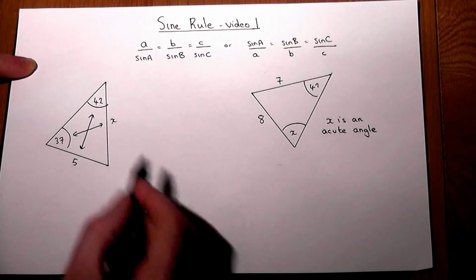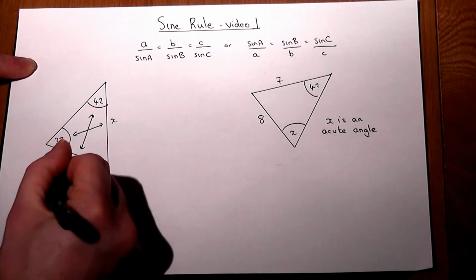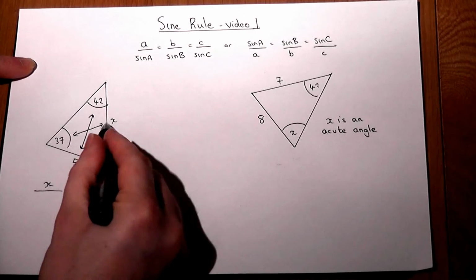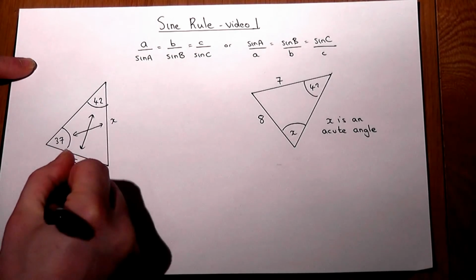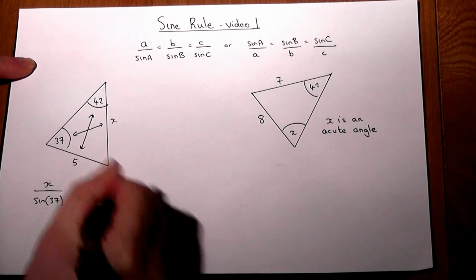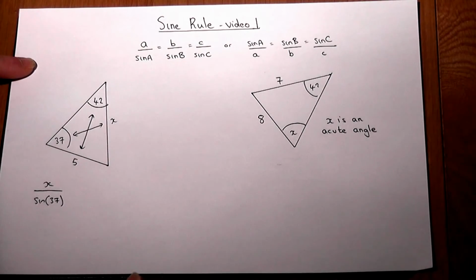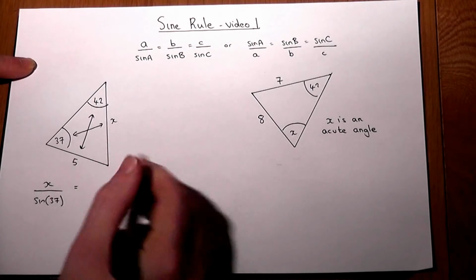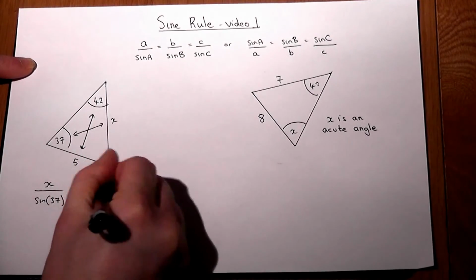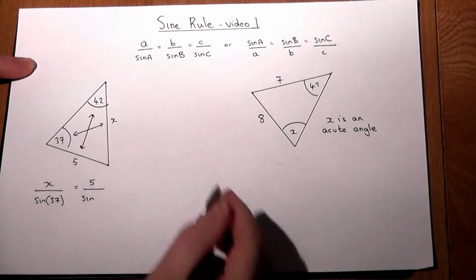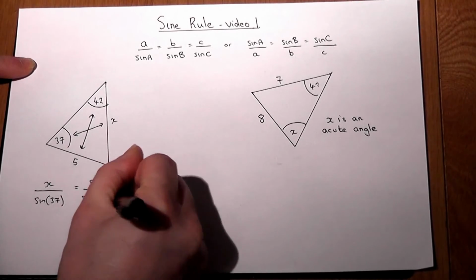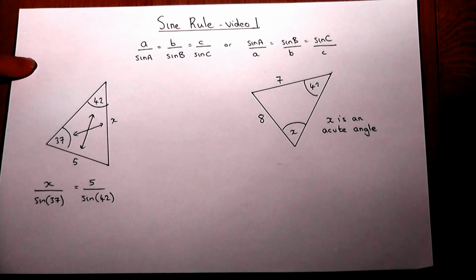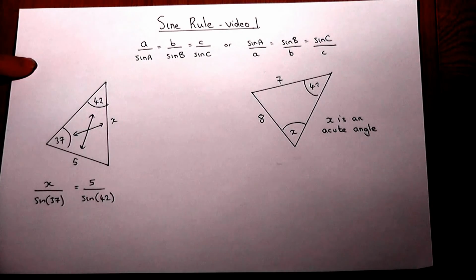Right, so to find x, we write down x and we write it over sine of the opposite angle. And what the sine rule tells us is that x over sine 37 will equal the other side over sine of its opposite angle. So this gives us an equation to use to find x.